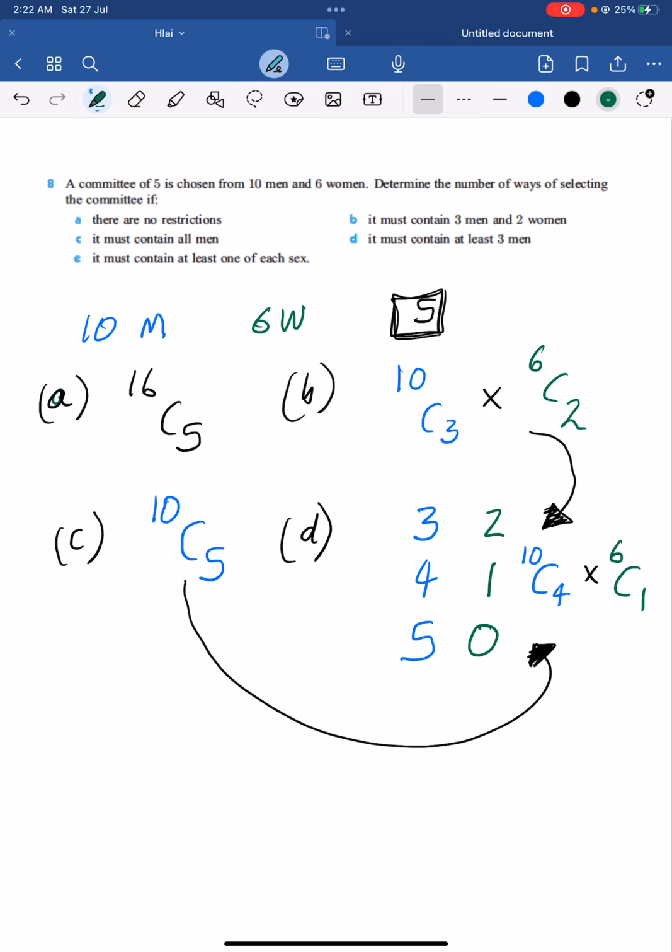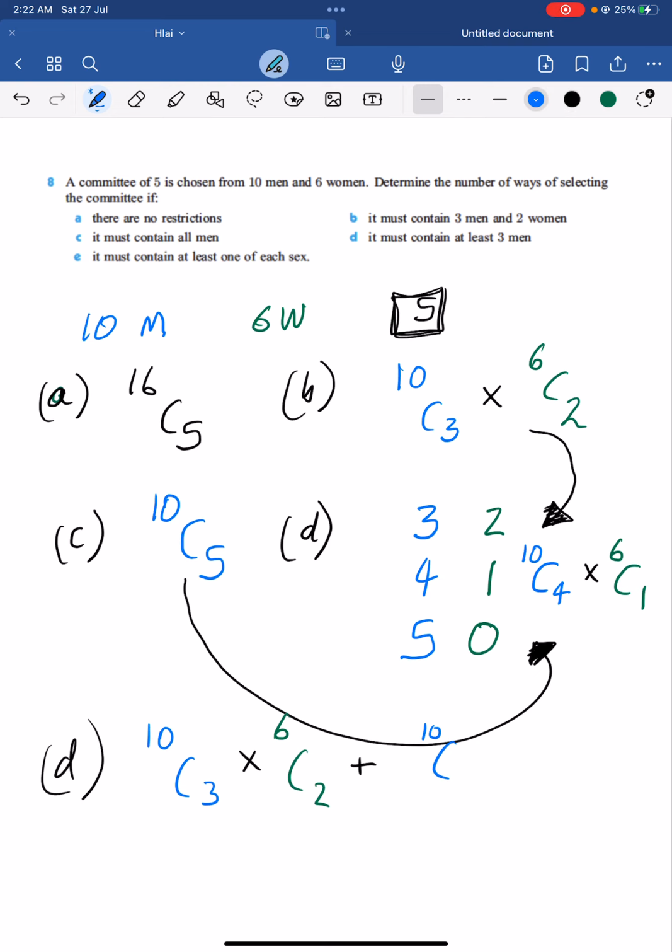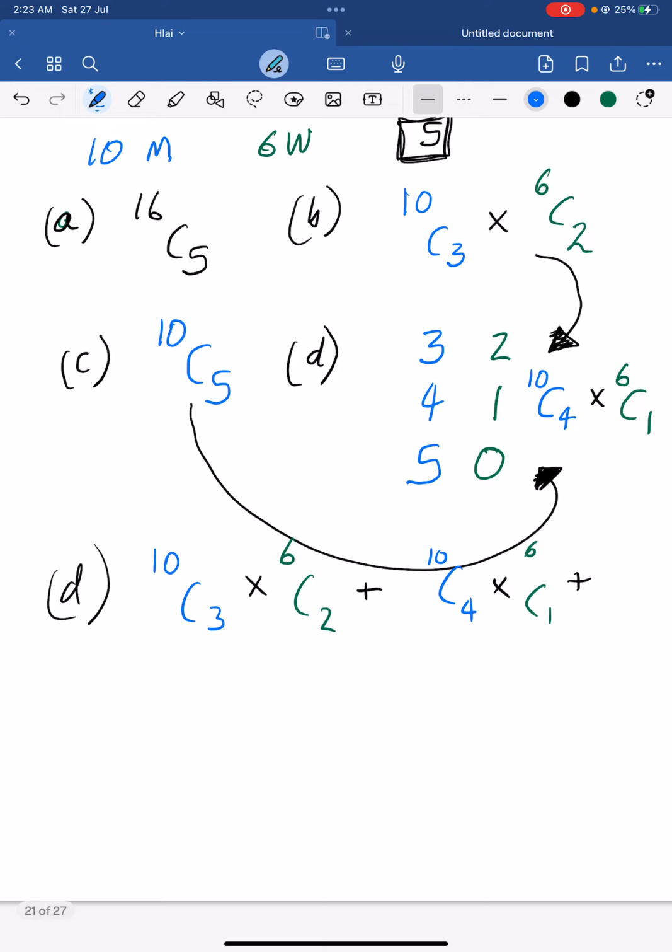Okay, so the final answer for D, if I write it all out in a nice fashion, it would be 3 males times the 2 females, plus 4 males times the 1 female, plus only males.